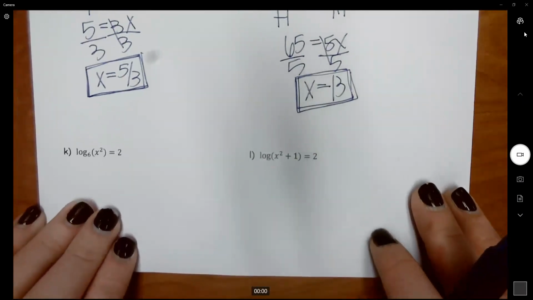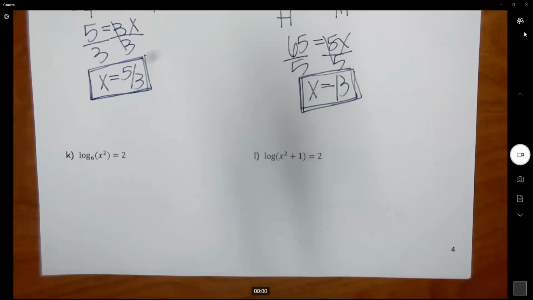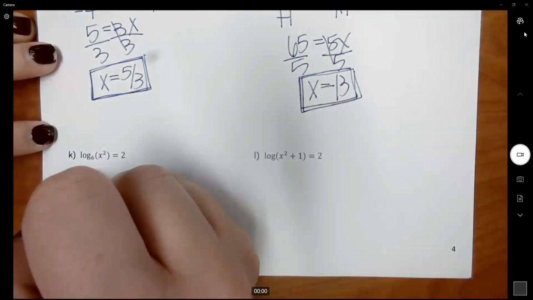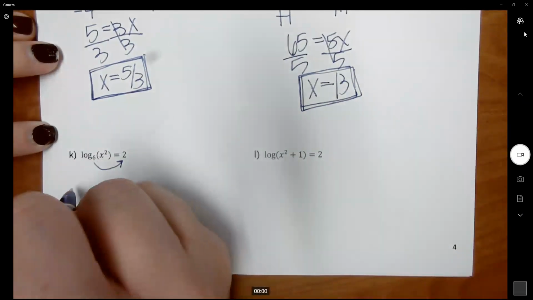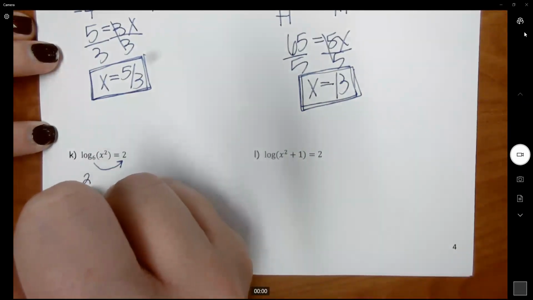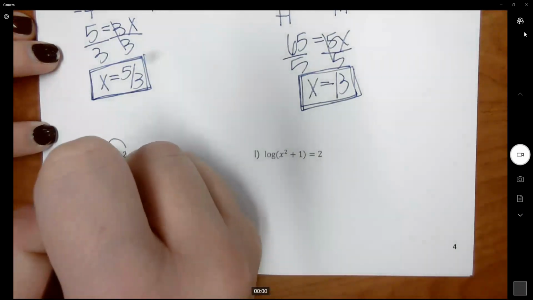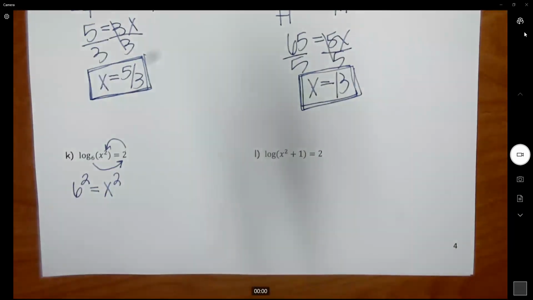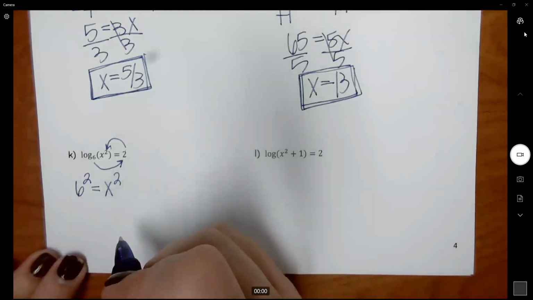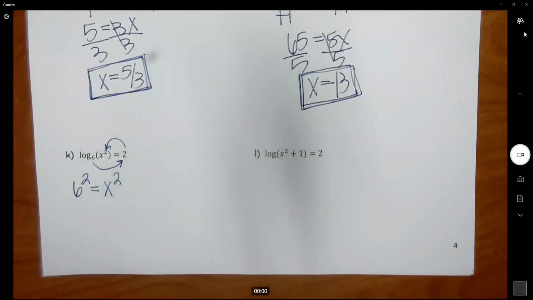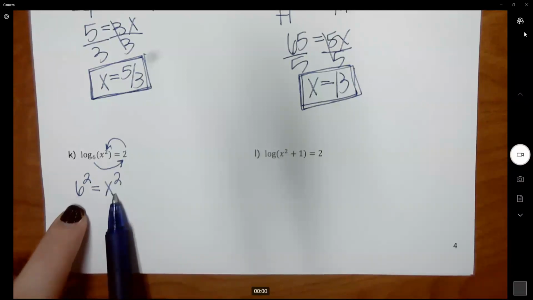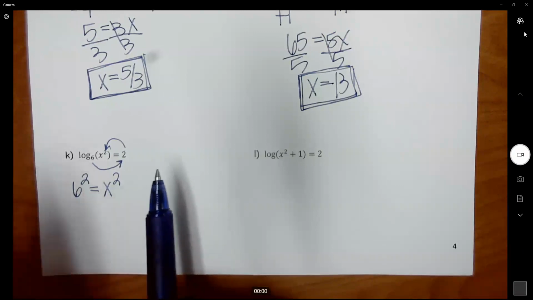And then our last two here. Base to equals. That's going to equal x squared. Really and truly, for these to be equal, the same kind of applies.